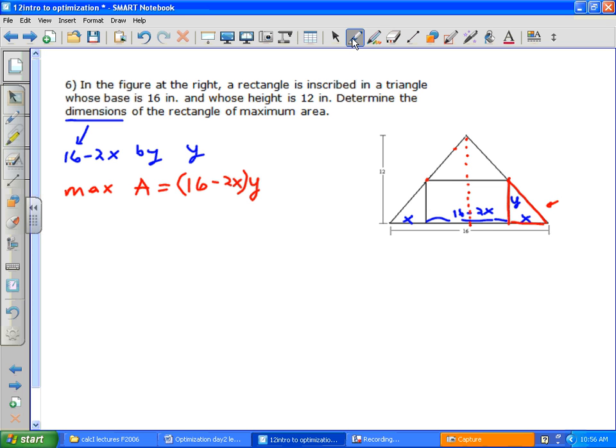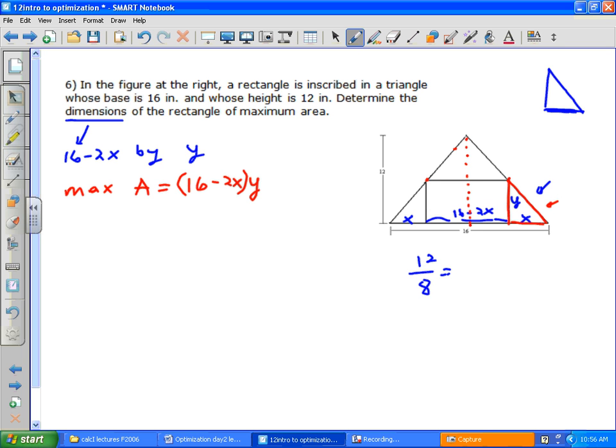On the big triangle, tell me what is the ratio of height to base on the big one. But we're talking about this big triangle on the outside. So the height is 12, and the base of that one is, this is half of the original triangle, which is 8, right? Okay, how about on this little one over here, the one outlined by red?